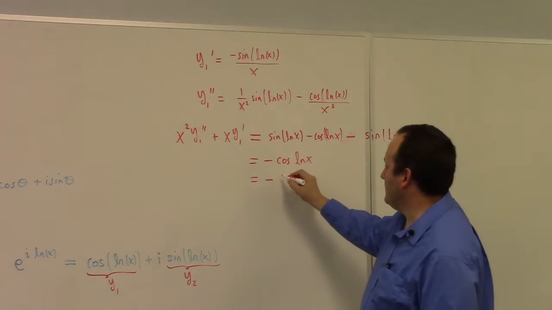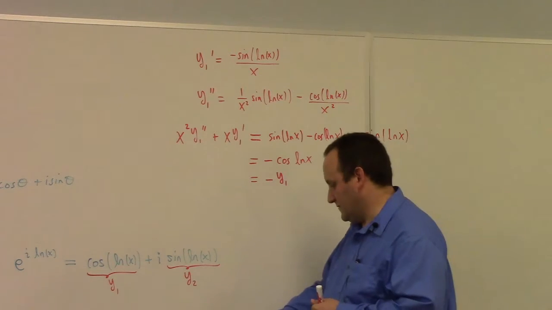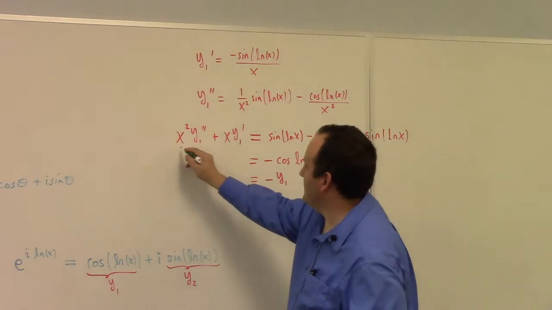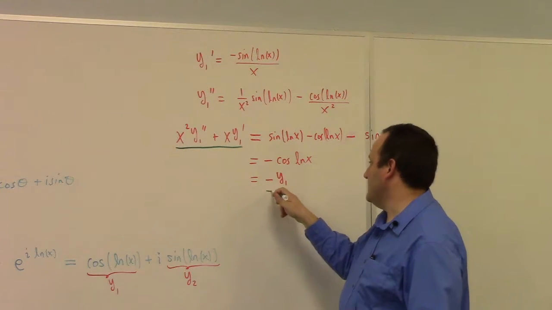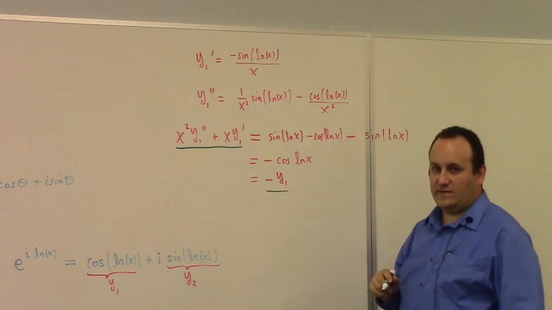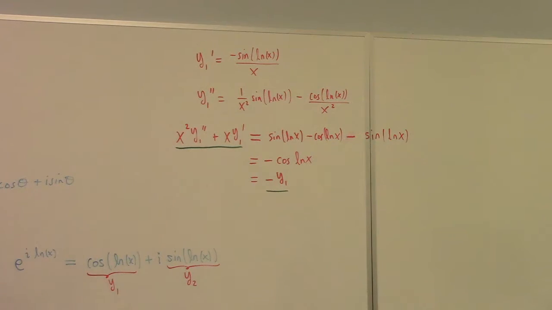So we've got minus y1. So you look at that. What's that say? We've got x squared y1 prime prime plus x times y1 prime equals minus y1, which is the same as saying it's a solution to star star.